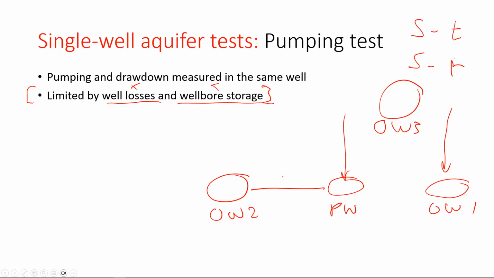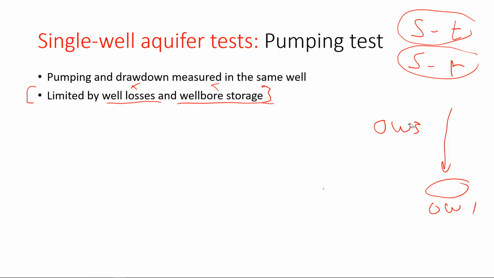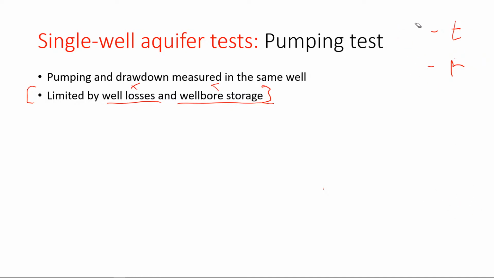So you can also, and we mainly looked at this one, but I also briefly mentioned this one. If you have multiple observation wells, to avoid this problem of well loss and well bore storage, we generally don't do a single aquifer test.